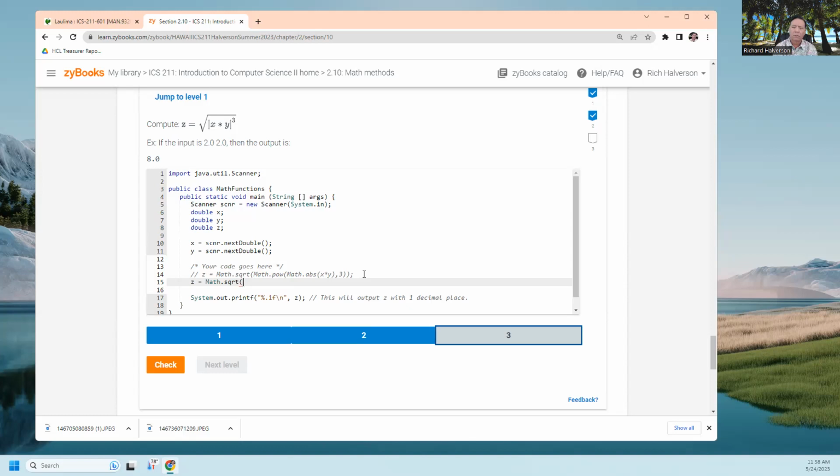So I was going to go, I still might have to do absolute value. Let's see. Yeah, I still got to do absolute value because it's to the third power. Okay, all right.